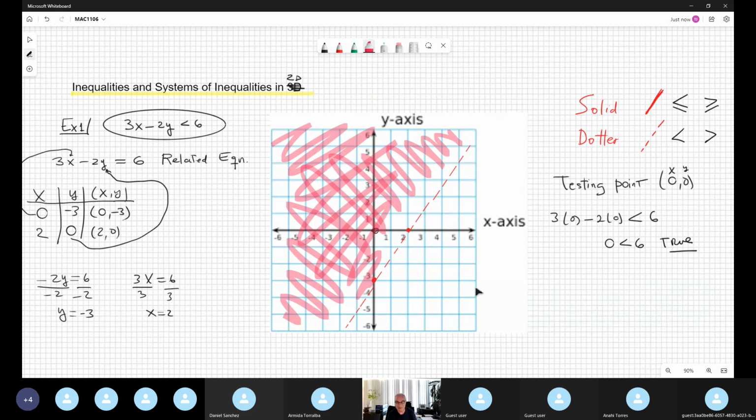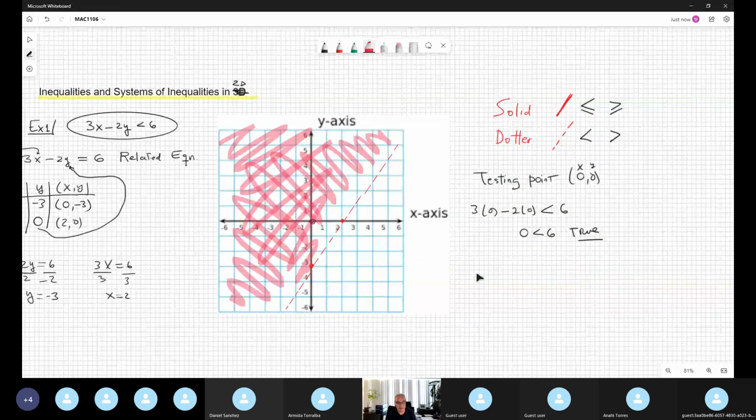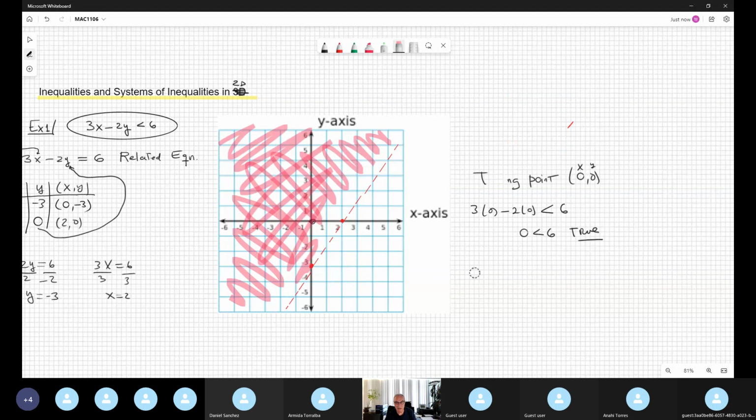Another possibility is the one I like so much. Forget about the testing point, forget about solid line or dotted line. Well, you can use them, but okay, you take the original inequality, 3x minus 2y less than 6, and you solve for y.